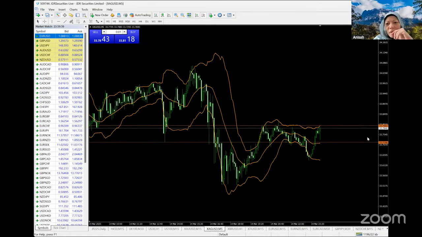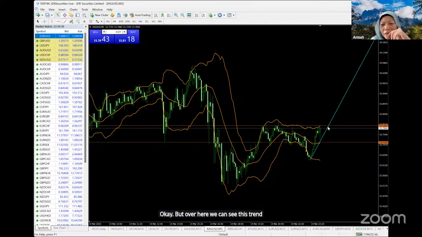But over here we can see this trend is there. So this is a little bit of a rising wedge, I would say. There you go, rising wedge.